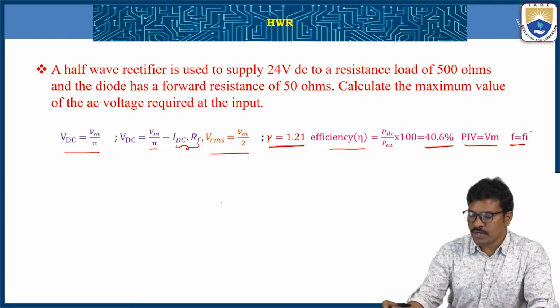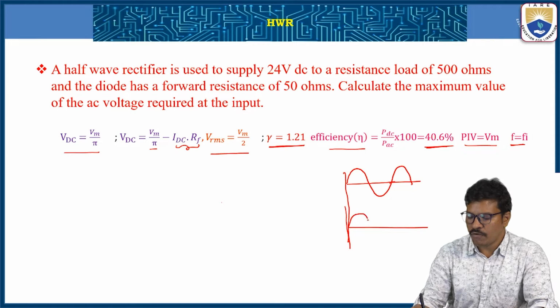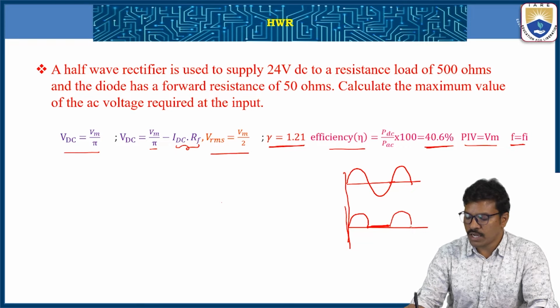This output frequency is called Fi because we know that the half-wave rectifier input is a sine wave given to the rectifier. You will get a rectified half-wave output, where the negative cycle gets cut off and only positive cycles are passed through the diode. Then only one half cycle appears across the load, and in the remaining cycle there is zero voltage across the load.